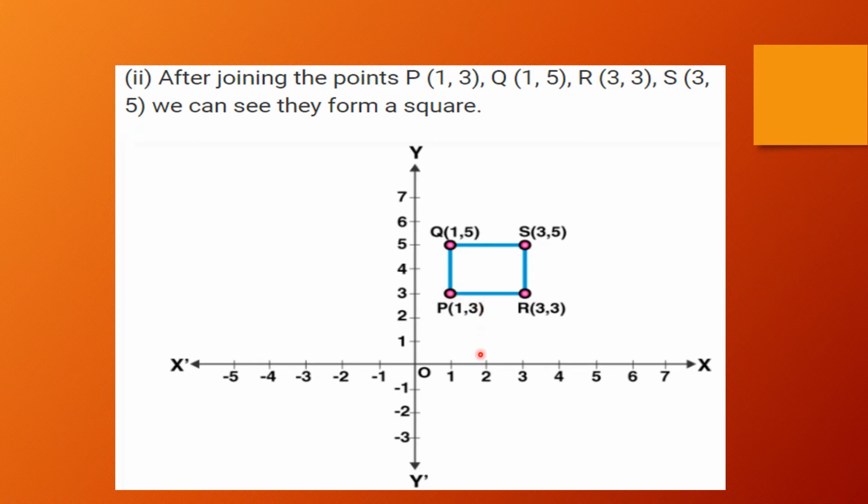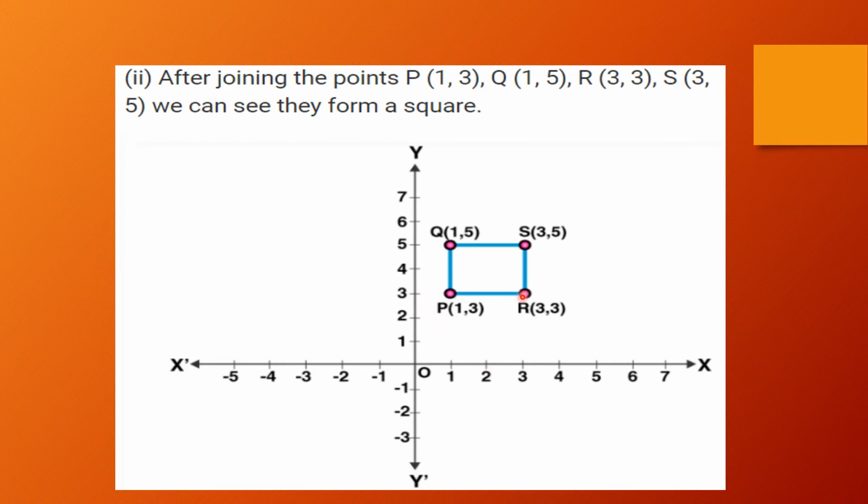And mark Q such that we take 1 unit along the x-axis over here and 5 units along the y-axis. So the intersection of (1, 5) is Q, which lies here. Then take 3 units along the x-axis and 3 units along the y-axis.